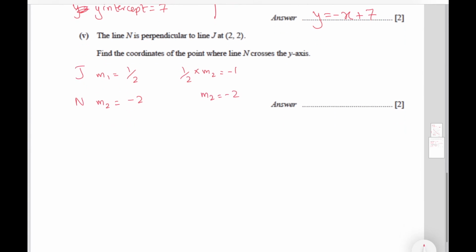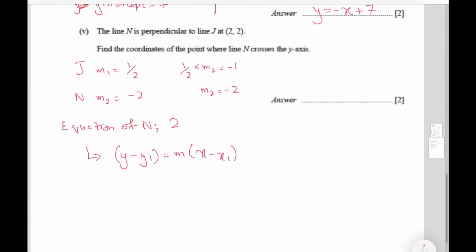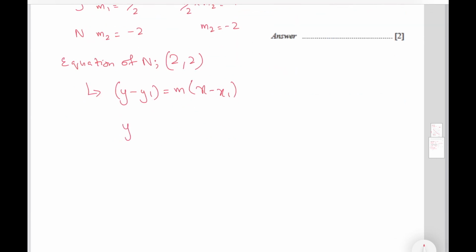Okay, so we have the gradient, we don't know the y-intercept, but we can find the equation. The equation of N is going to be, we can use this formula, y minus y1 equal to gradient times (x minus x1). Let's solve it. One of the points was (2, 2) according to the question right here. So let's plug these values. y minus 2 is equal to negative 2, the gradient, times (x minus 2).